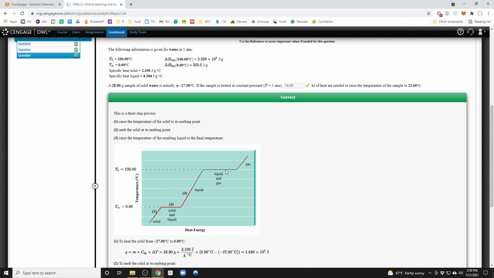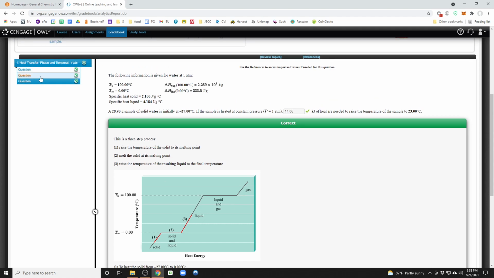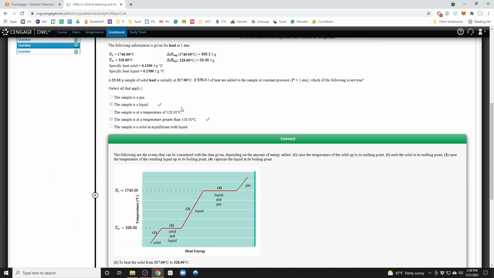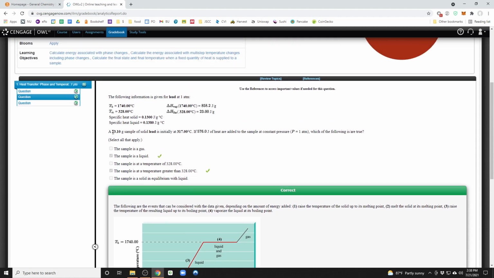And again, you can just trace along this to select the regions you need to calculate each region, add them together, and that's your value every time. If you need to select what is happening due to certain conditions, like this problem, all you need to do is, so you have a lead sample, it's initially this temperature.